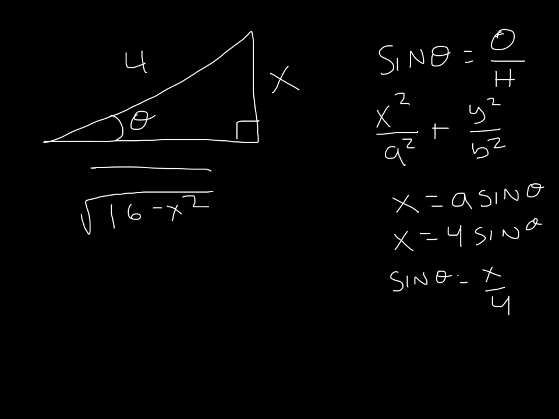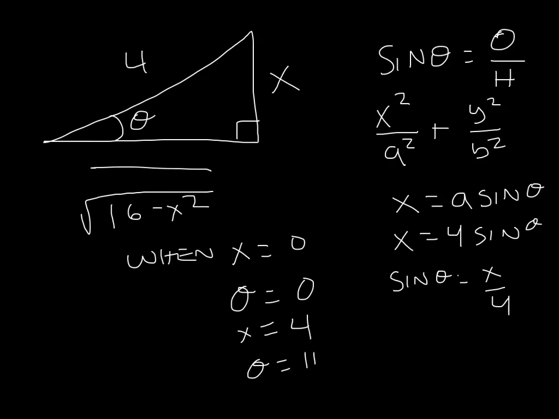Now, knowing this, we could go ahead and substitute our limits. We know that when x is equal to 0, theta will be 0. And when x is equal to 4, we know that theta will be pi divided by 2.